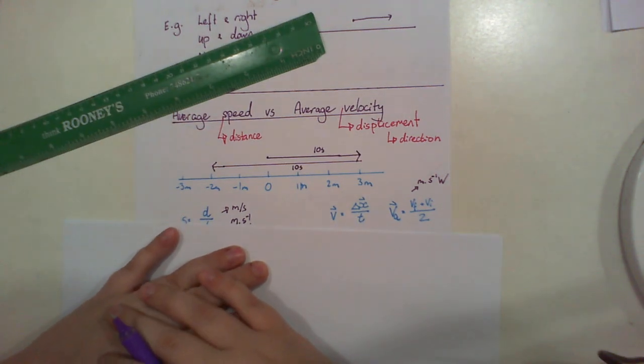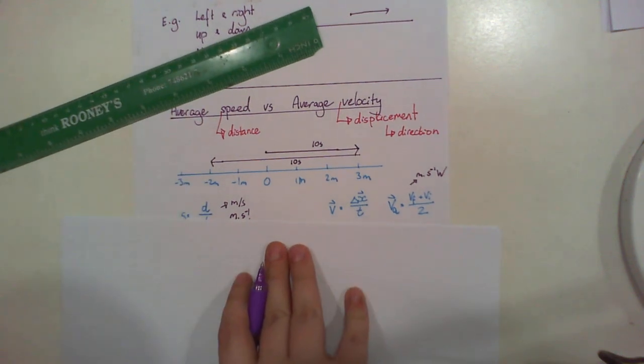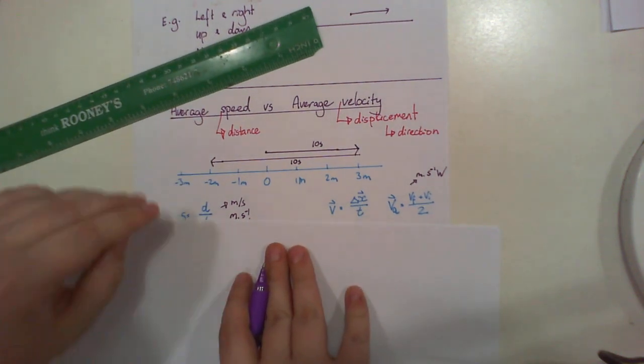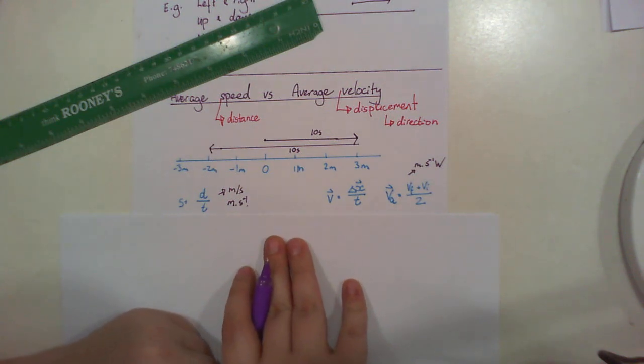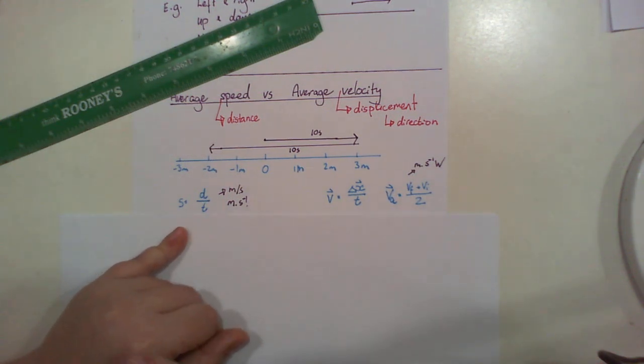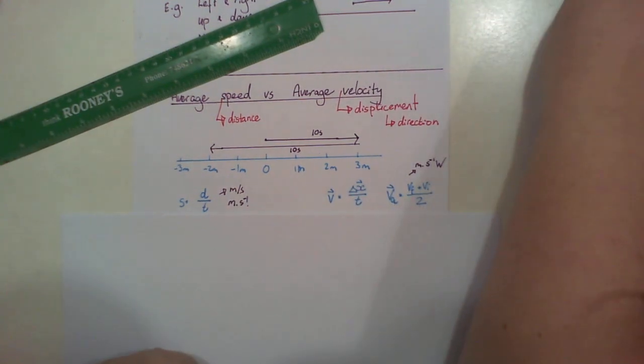Now this is where the importance of the difference comes in. Shall we calculate the speed that this person took? Pause for a second and see if you can calculate the speed and the velocity and what the difference is. Good? Have you done it? Let's do it together.